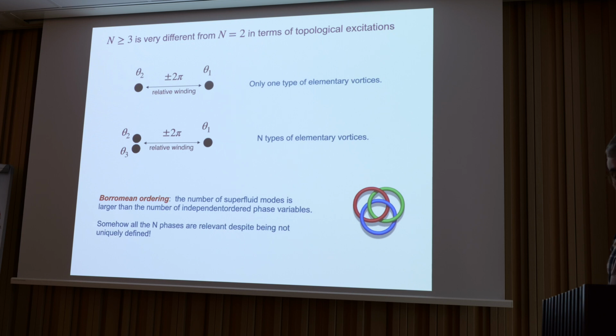Question? Yeah, so in everything you're describing, there's not going to be Josephson coupling between the components? It will show up later. But up to now, there is no Josephson coupling. Yeah, just different colors. We are talking of bosons. Just three types of bosons.